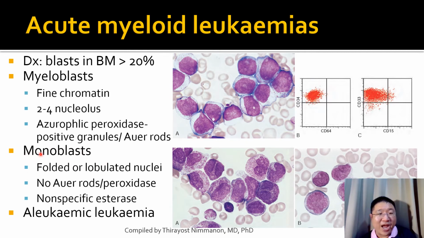So this one should be APML or M3, promyelocytic leukemia. And for monoblasts, the cells have folded or multilobated nuclei with no Auer rods and nonspecific esterase positive. And sometimes the patients present with only leukopenia without presence of blasts in the peripheral blood. That is aleukemic leukemia.